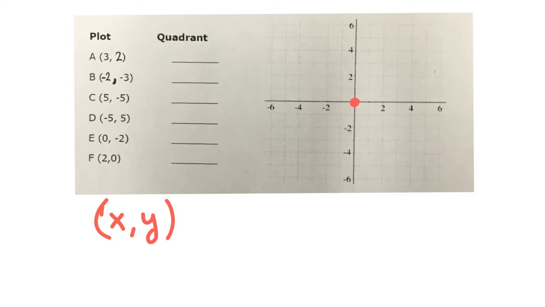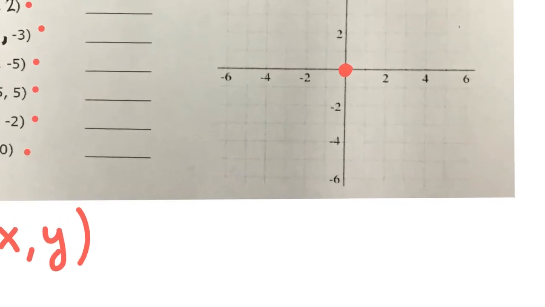Then, what these coordinates actually are telling us is these are little mini sets of directions that tell us how to get to this location from the origin, right? So what I can do is make a little key that says, if I'm looking at my x, which I'll have here, first number, I can either go left or right.